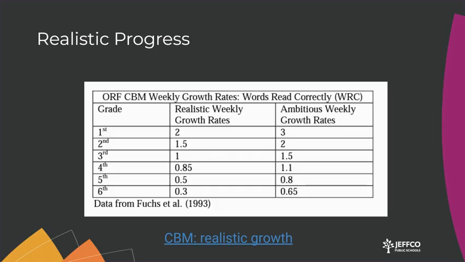However, around 6th grade, it is very difficult to add words correct per minute. It is not impossible, but this should give you a guide of what is ambitious and realistic growth. And our friend Mateo may not close the gap this year, but if he is on that ambitious weekly growth rate, we can see the gap will close eventually.